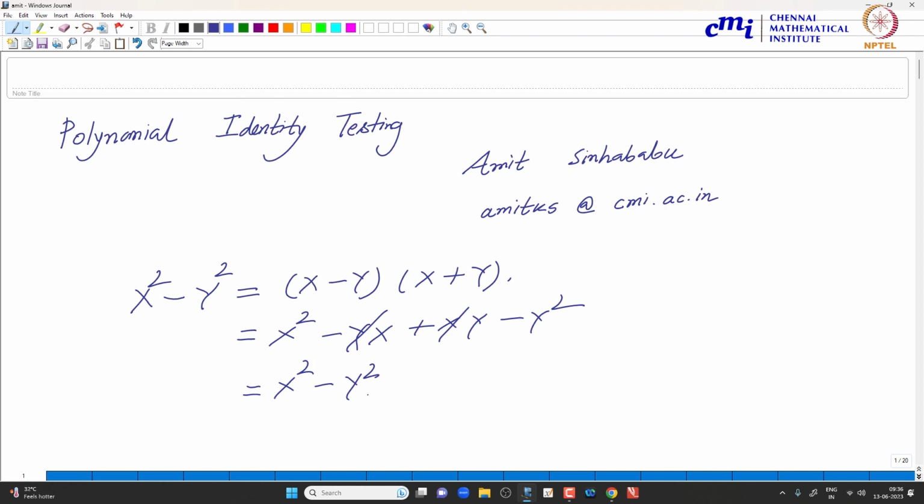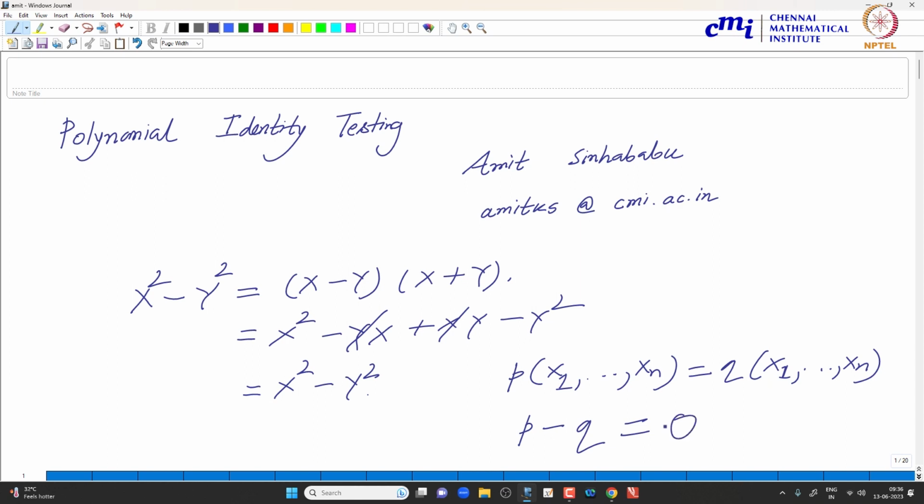Now, in this question also, basically you will be given two polynomial expressions in n variables, say p(x1 to xn) and q(x1 to xn). The task is to check if p equals q. Now you can bring q to the other side and equivalently test if p minus q is identically 0, right?